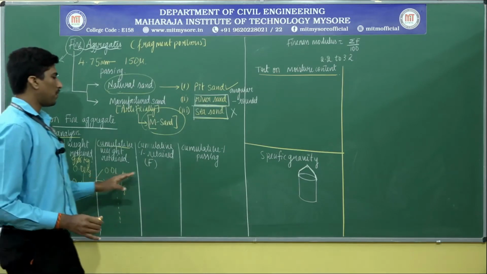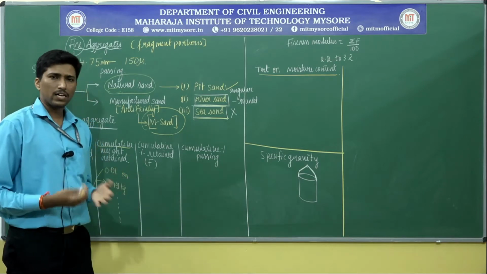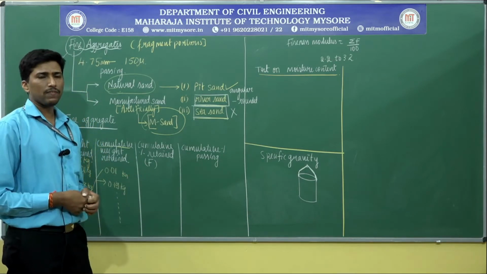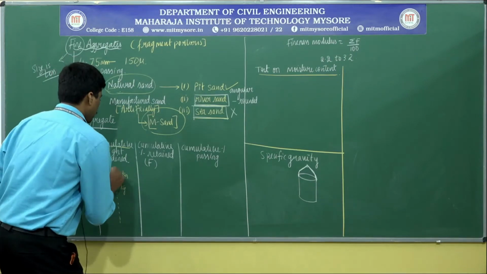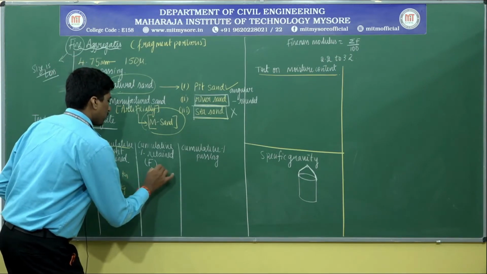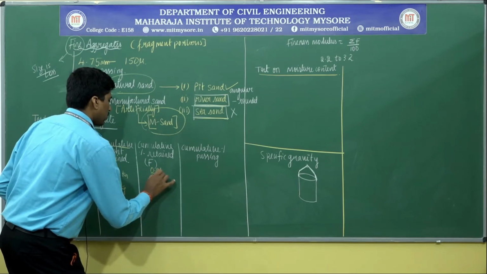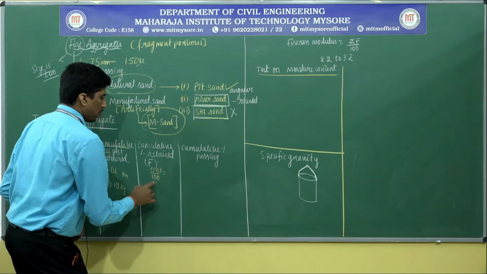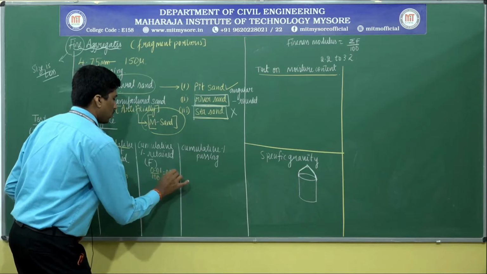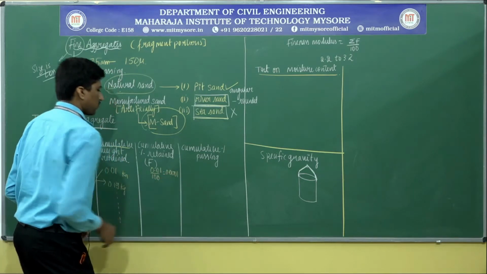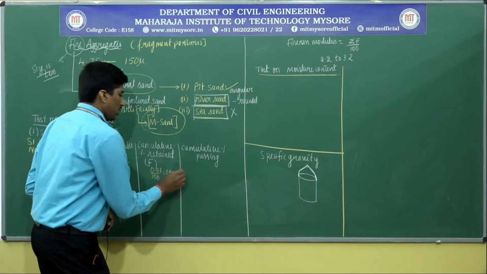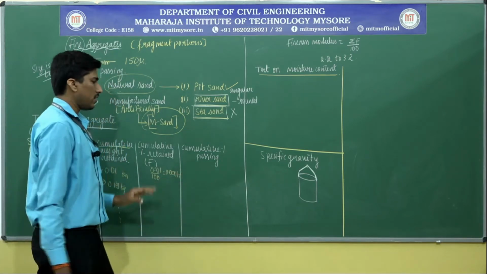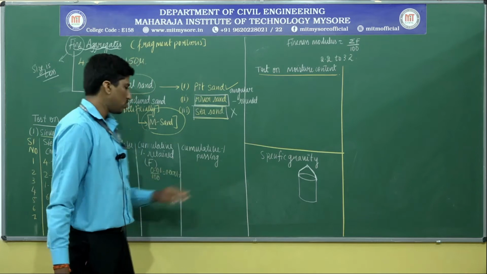Next, cumulative percentage retained, divided by 100. Whatever weight you take, you divide it by 100. So 0.01 divided by 100, two zeros will be added. This is the cumulative percentage retained. If that is the cumulative percentage retained, how much is the cumulative percentage passing?